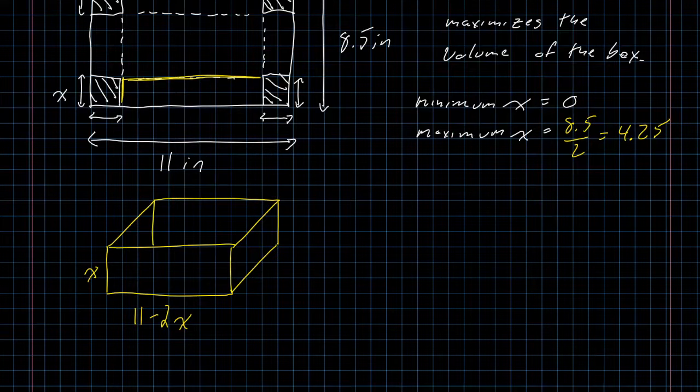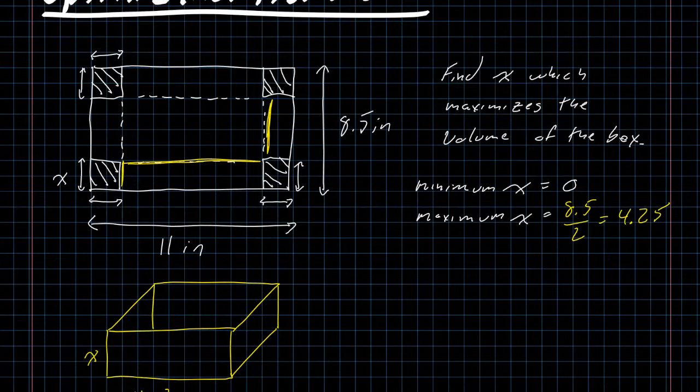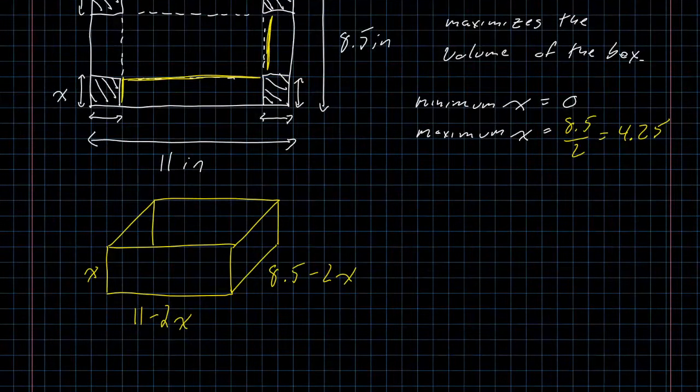Then we can do the same thing with the width. The width is the bit that's inside here. The total distance is 8.5. We cut out x, we cut out x. The part that's left is 8.5 minus 2x. And that gives us a formula for the volume of the box.